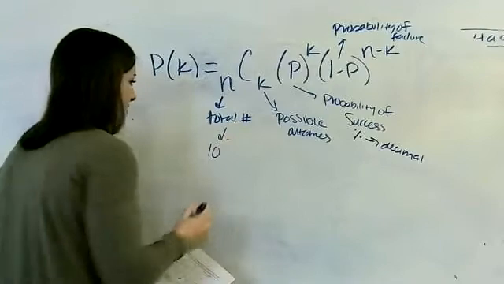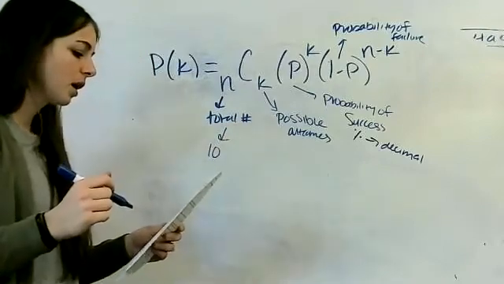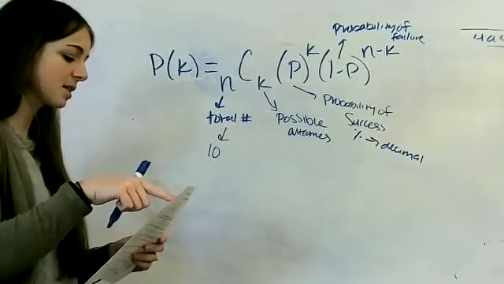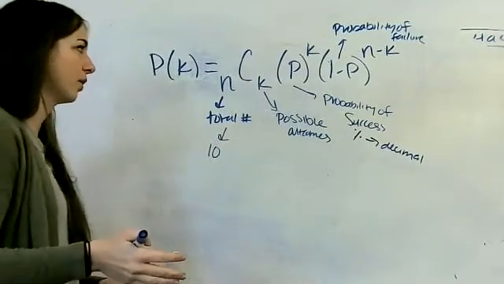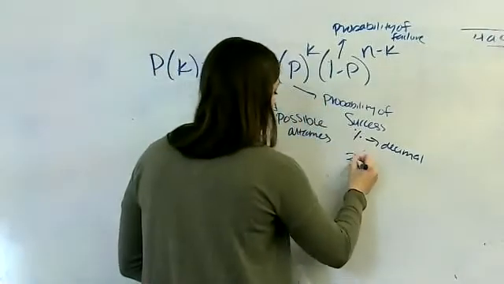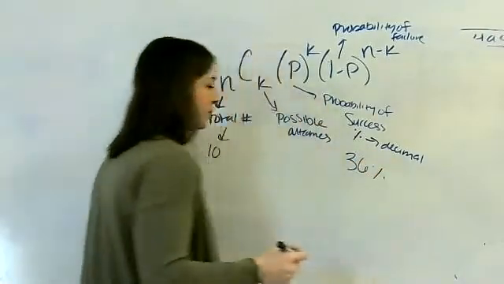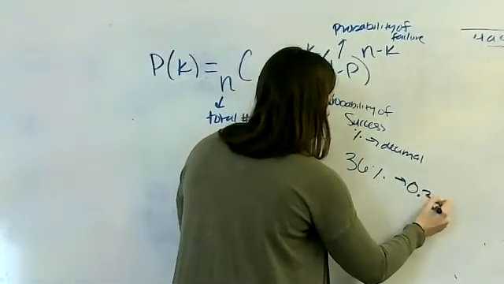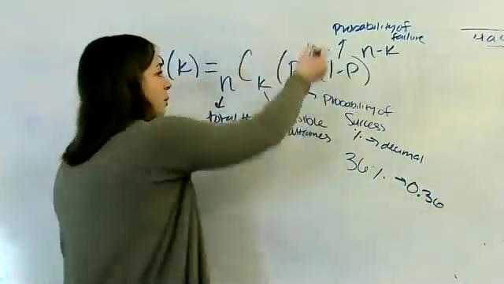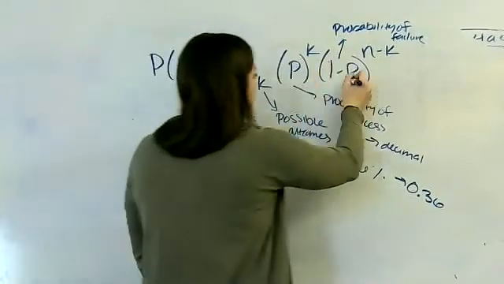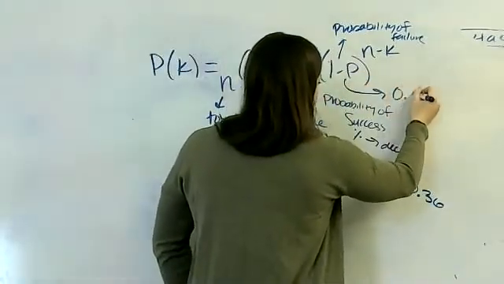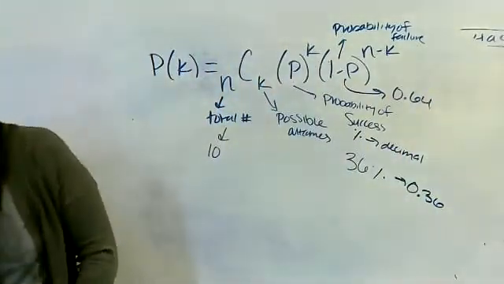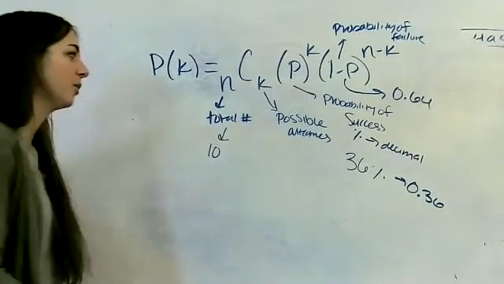So here, I'm going to have 10. Probability of success is 36% on each trial. So here we said 36% will be represented as a percentage. I have to make this into a decimal, which would be 0.36. Probability of failure, if I take 1 minus that, it'd be 0.64. The only other thing I need to deal with is my K value.